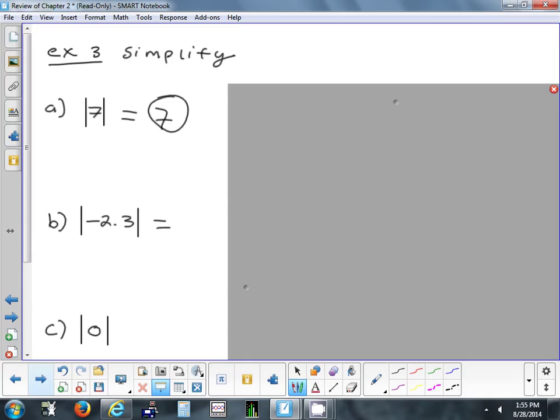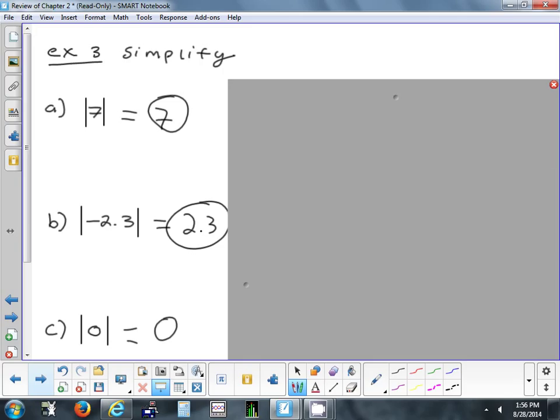Justin? 2.3. Right. How about the absolute value of 0? How far away is 0 from 0? What's the distance from 0 of 0? It's a tricky one. Victoria? 0. The absolute value of 0 is 0. Any question on that?